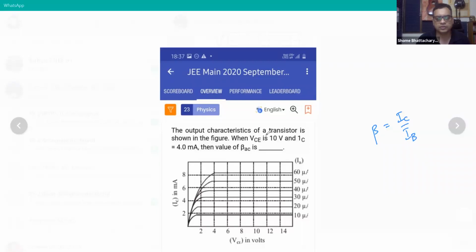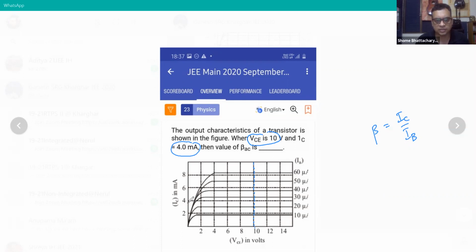Okay. So now it is given to us that it's operating in a situation when this is 10 volts, IC is 4 milliamperes. So these values here are giving me the base current. So let us see what is happening when VCE in volts is 10. So we are looking at this line. And IC in milliamperes is 4. So we are looking at this line.